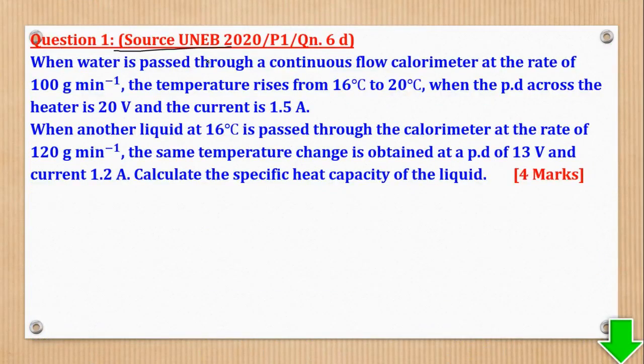Question 1 came from UNEB 2020, paper 1, question 6D, and it says, when water is passed through a continuous flow calorimeter at a rate of 100 grams per minute, the temperature rises from 16 degrees Celsius to 20 degrees Celsius when the PD across the heater is 20 volt and the current is 1.5 ampere.